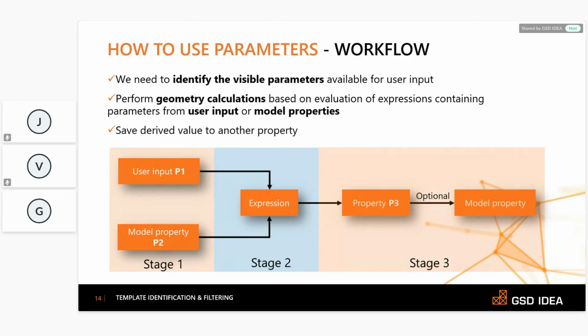For example, let's say you want a plate length to always be 1.5 times the flange width. You would define an expression like plate length = flange width × 1.5, wherein you bring in both the user and model property. This logic is evaluated dynamically. That is, if the flange size changes, the plate length automatically updates.